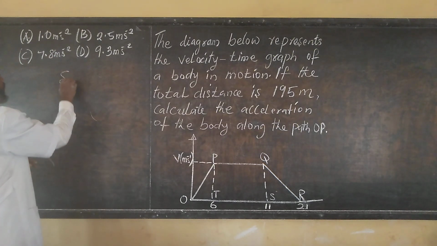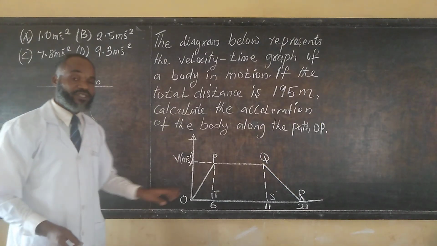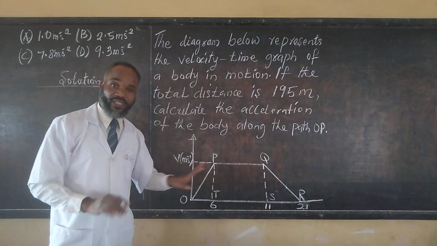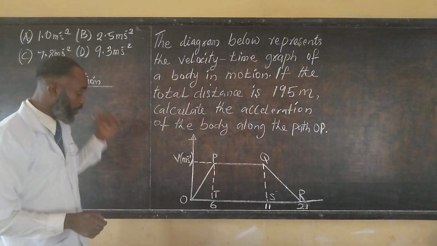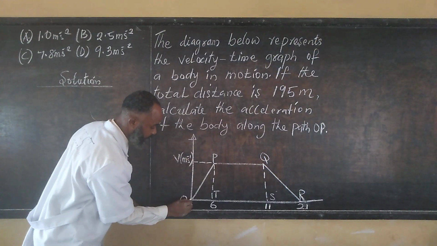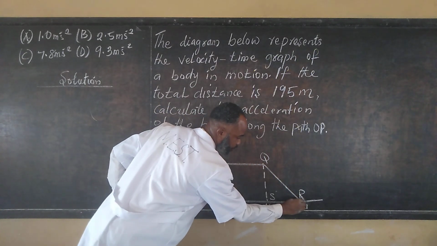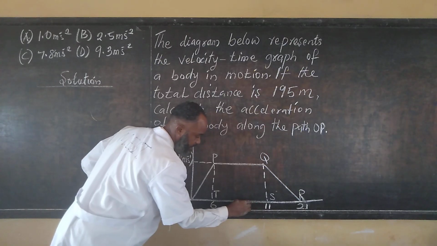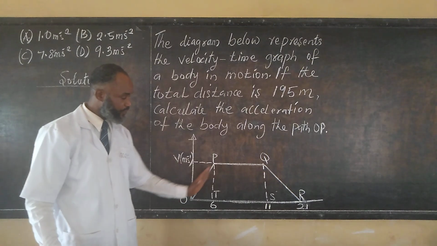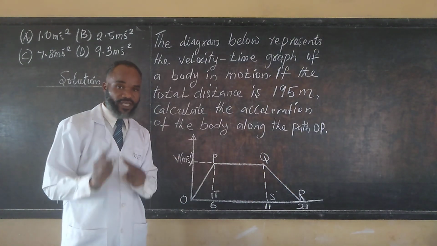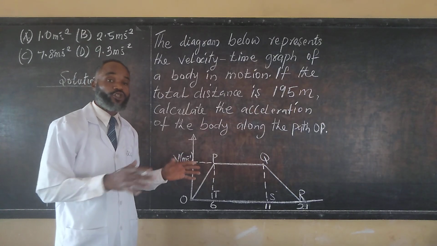The first thing we need to do is write our solution and then analyze the graph. This is a velocity time graph. Now what we need to do is consider this trapezoid shape, and then use the formula for finding the area of a trapezoid or trapezium to find the total distance.